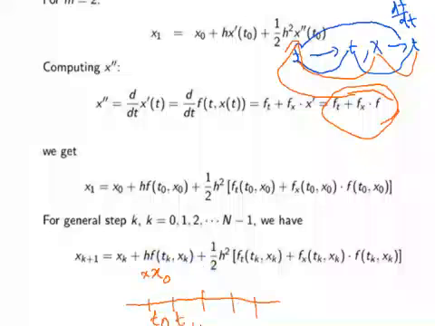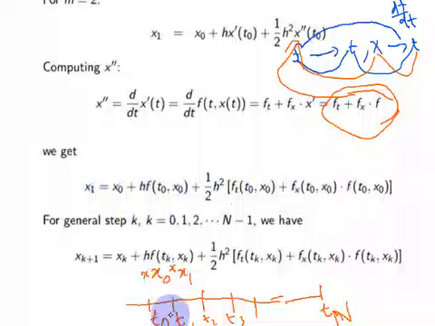So t1, t2, t3, and let's say this is your tn, t final, the last point, right? So we know this initial condition. Using this initial condition, throw it into the equation and t naught as well. You can find x1, an approximation value at t1.